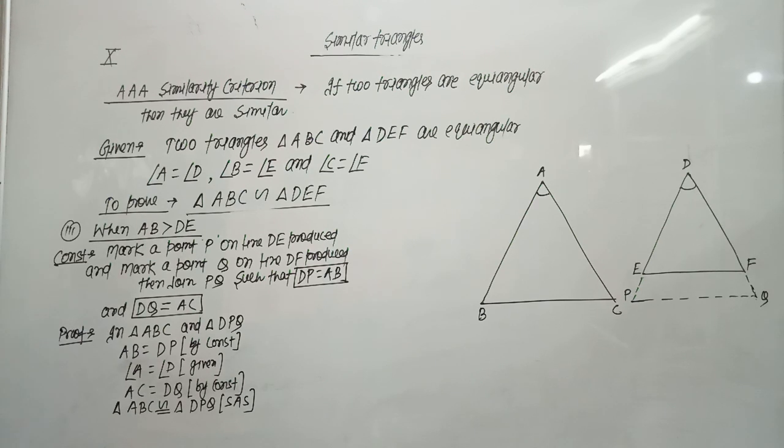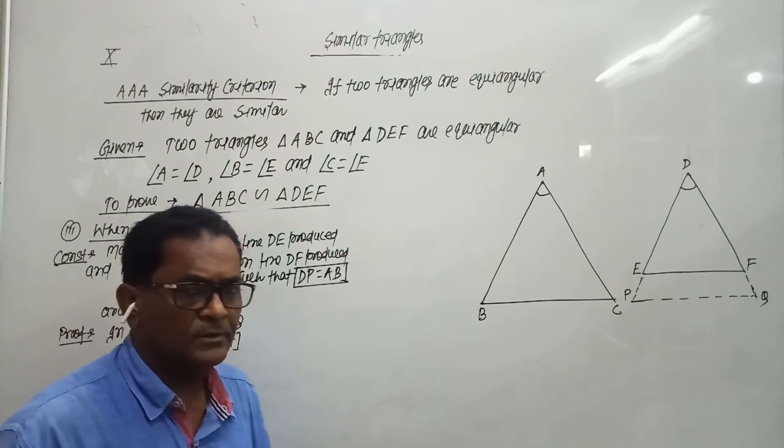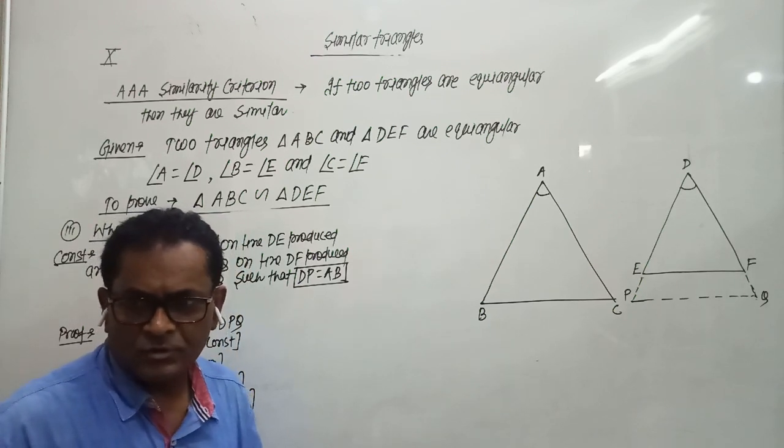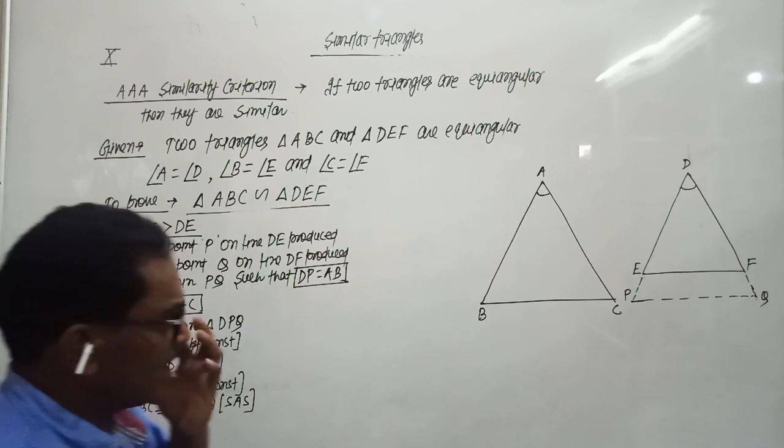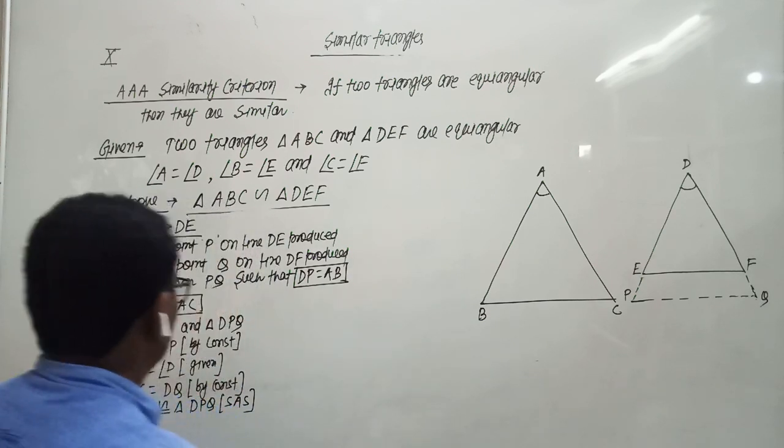And if these two triangles are congruent, it means their corresponding angles are equal.